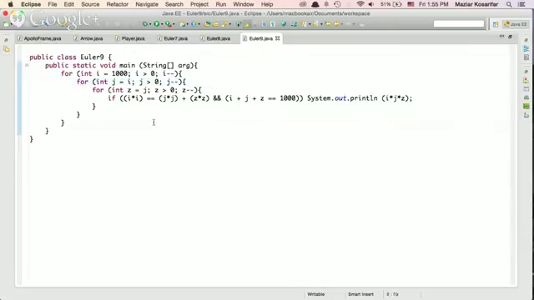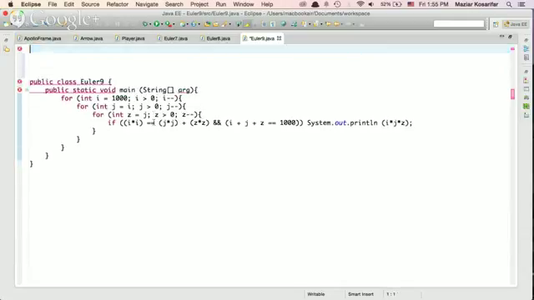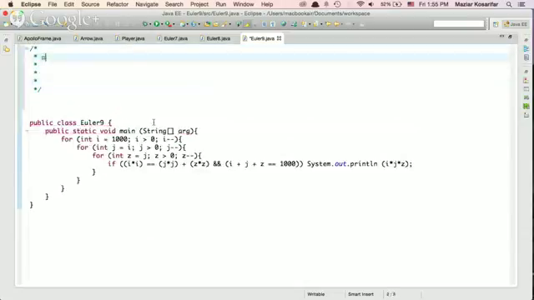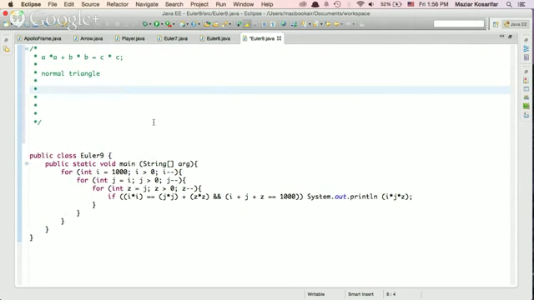So let's talk about why we have that a to the power of 2 plus b to the power of 2, a times a plus b times b is equal to c times c. You probably know this equation when you are talking about a right triangle.